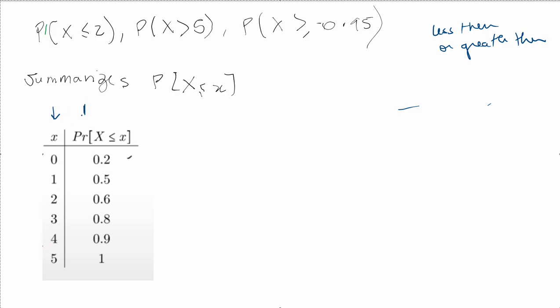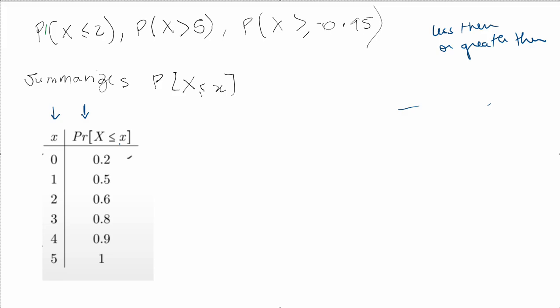And it lists a probability as well in the second column. But some things changed slightly, right? For the PDF, the sign was equal. And here the sign is less than or equal to. So the only thing that changes is that in the PDF, you have X and P of X equal to something.